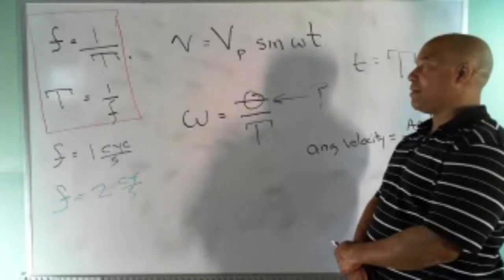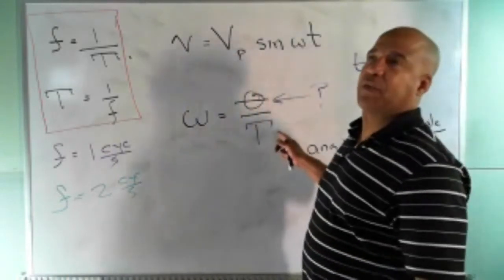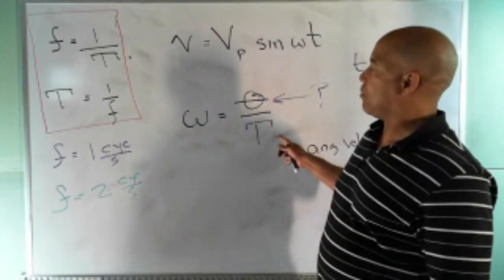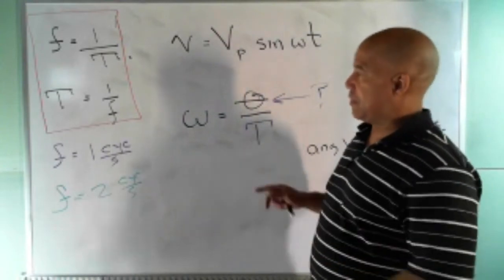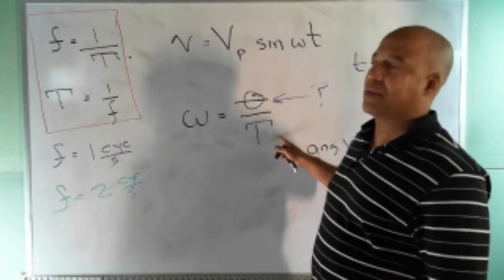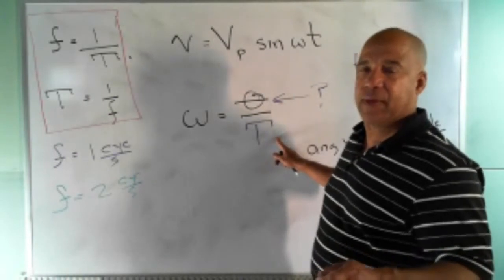What's the angular distance? Zero? Is it zero? Not zero. What is the period? What's the definition of the period? The period is the time for what? Is it 360? It is 360. Do you guys follow where you got that from? Yeah.